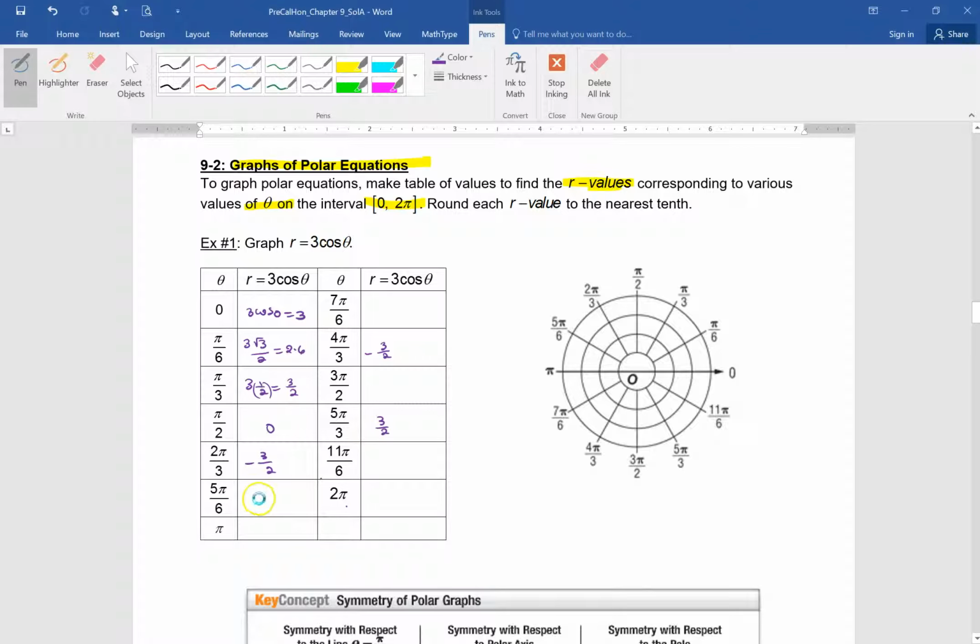All the pi over 6's are going to be this same thing, 2.6. The sign is negative in quadrants 3 and 4, so 7 pi over 6 and 11 pi over 6 are going to have negatives in front of them. All of the pi over 2's are going to be zeros.